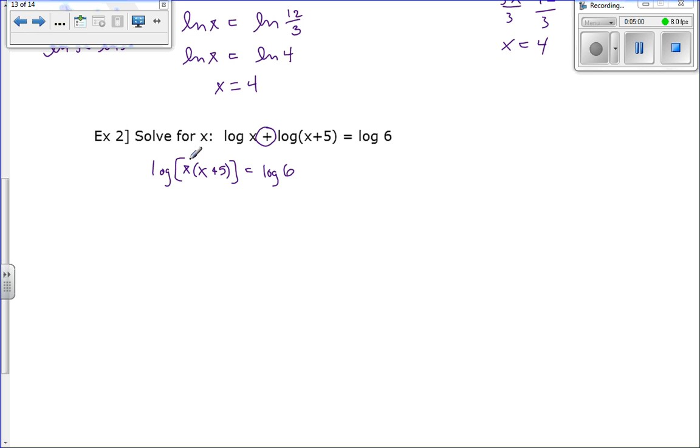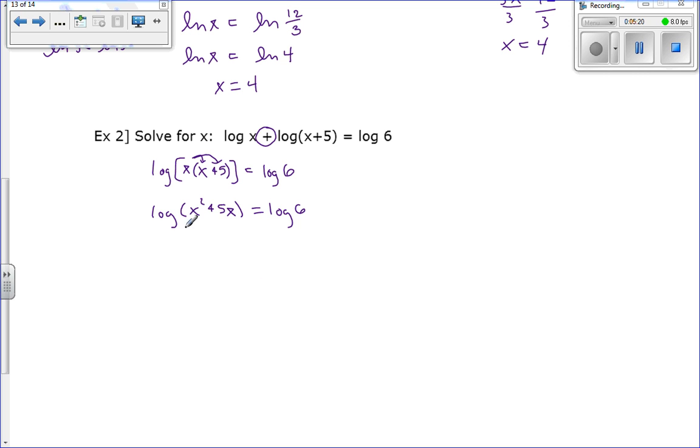I need to distribute, and when I hit the plus, I have to multiply. So I'm just showing my work. The log of x squared plus 5x equals the log of 6.